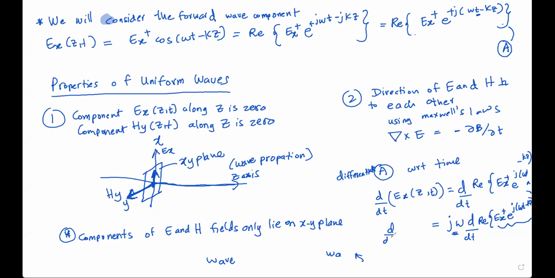So once I compare this with the left-hand side of the equation, I can say that d over dt is equal to j omega.